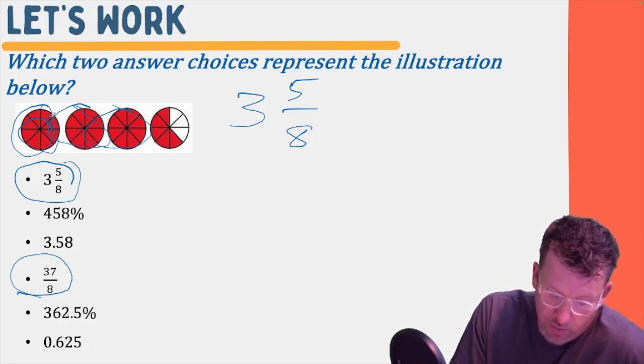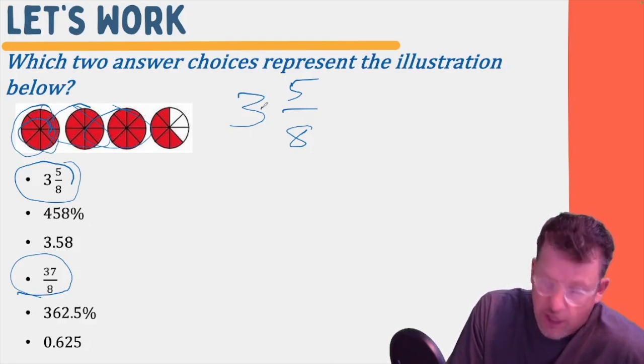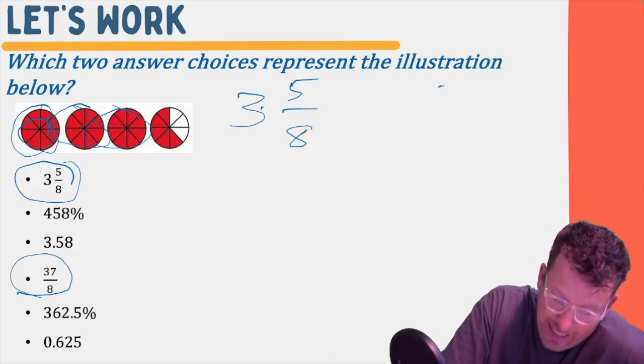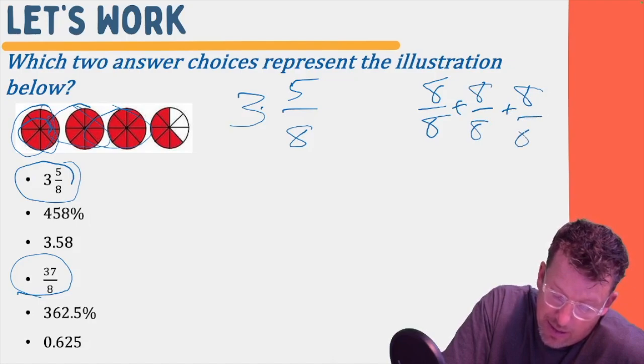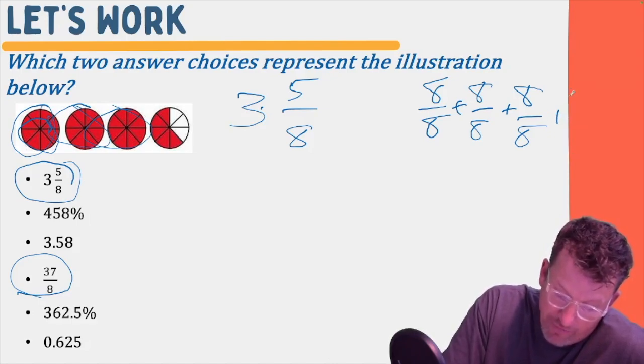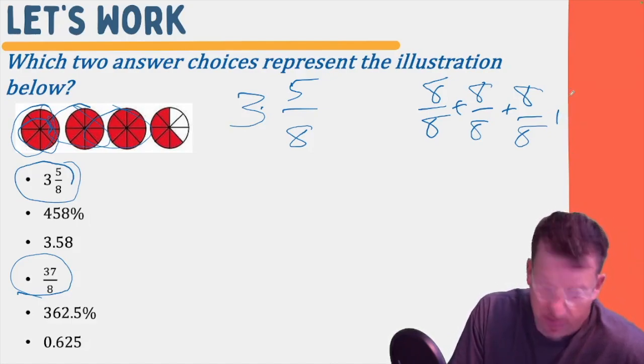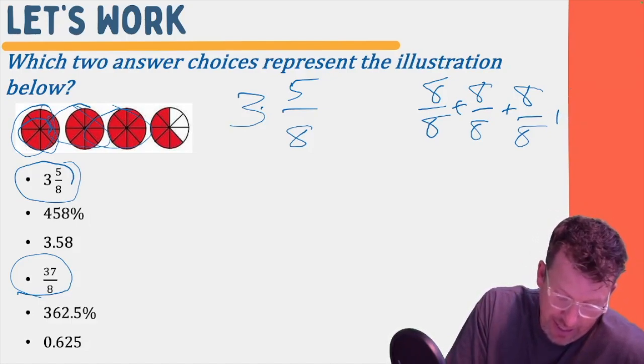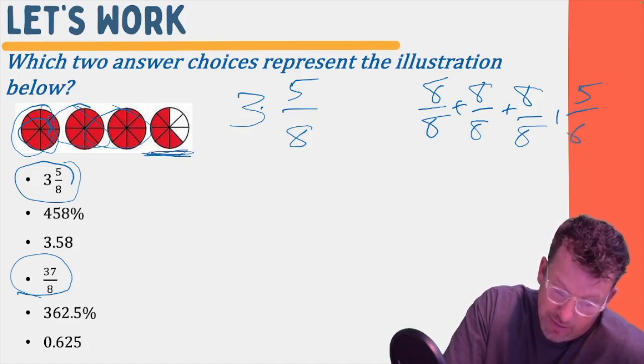How many wholes do we have? We have 3. Each one of those wholes represents what? 8 eighths, right? 8/8 plus 8/8 plus 8/8. And then we also have this last part that was not a whole, and that was 5 eighths.